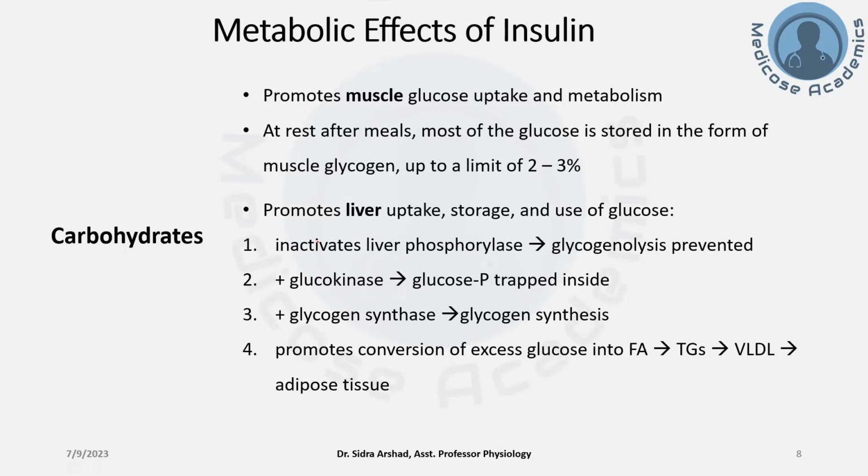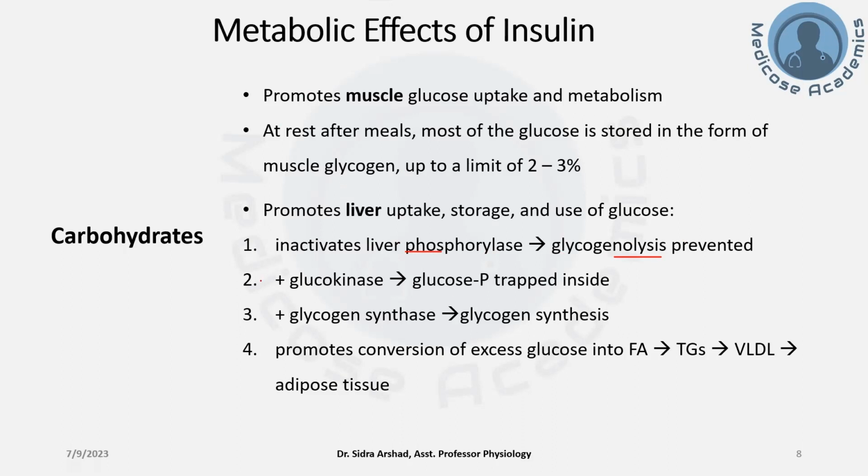Insulin is going to bring about certain actions by inactivating or increasing the activity of certain enzymes. So it inactivates the liver phosphorylase. This liver phosphorylase is involved in the breaking down of glycogen, that is glycogenolysis. So if this enzyme is inactivated, glycogenolysis is prevented. So insulin is going to promote the synthesis of glycogen, and it is going to inhibit glycogenolysis. Its breakdown is going to be inhibited.